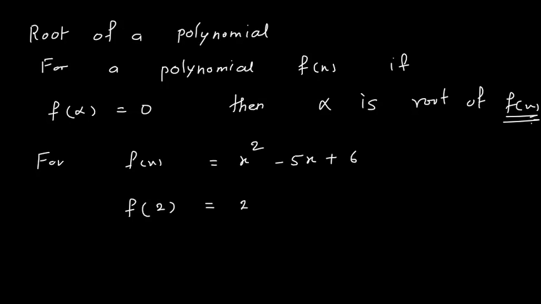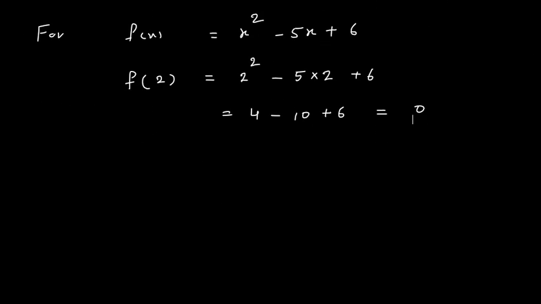We get 2 square minus 5 into 2 plus 6. After simplification, this is 4, this is 10, and this is 6. So 4 minus 10 plus 6, 0. So you got f of 2 as 0. Therefore you say that 2 is a root of f(x).